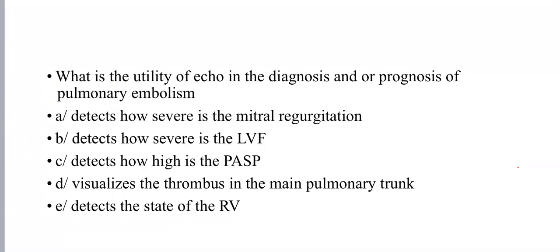What is the utility of echo in the diagnosis and prognosis of pulmonary embolism? If they call you at 4 o'clock in the morning, the pulmonologist or the ER physician, they need echo for a patient with pulmonary embolism. What will you be looking for? Detect how severe the mitral regurgitation is, the LV function, how high the pulmonary artery systolic pressure is, visualize the thrombus in the main pulmonary trunk, detect the state of the RV.